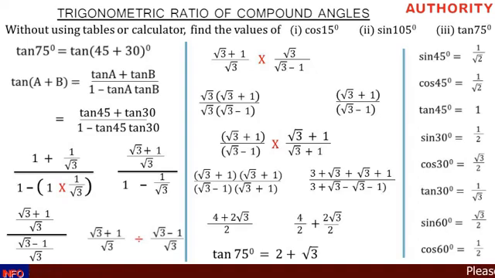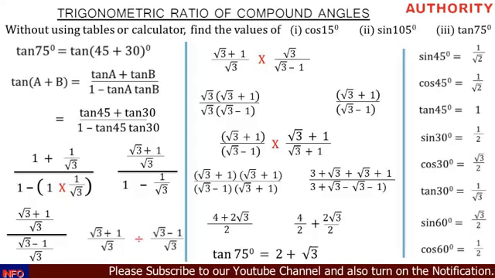So therefore, we have 2 + √3. So we can see clearly here that tan 75 degrees is equal to 2 + √3. We can see that tan 75 degrees is equal to 2 + √3.